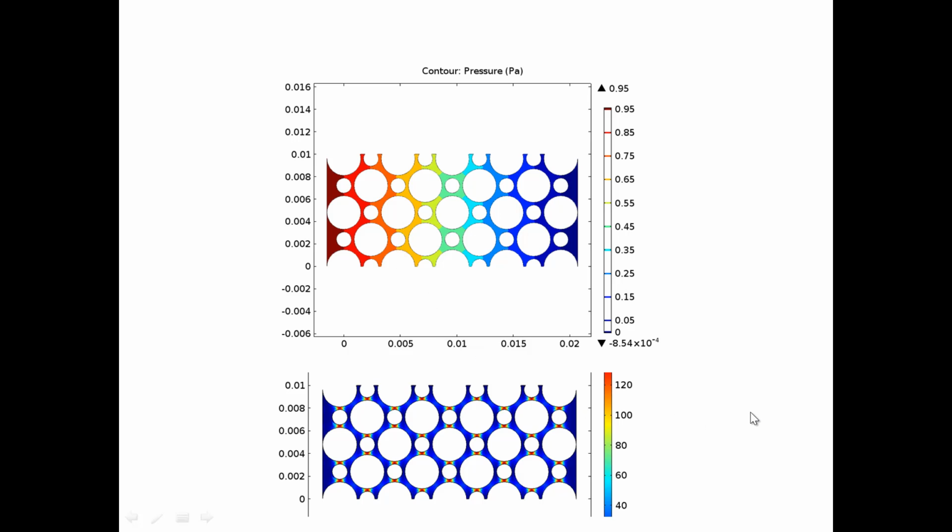The pressure gradient, however, is not uniformly distributed. This is the pressure gradient, and here's the scale in Pascal per meter. And you can see that through much of the pore structure, the pressure gradient is relatively small. But then right here at these pore throats, where the gap, basically the width of the pore, is smallest, that's where the pressure gradient is largest.